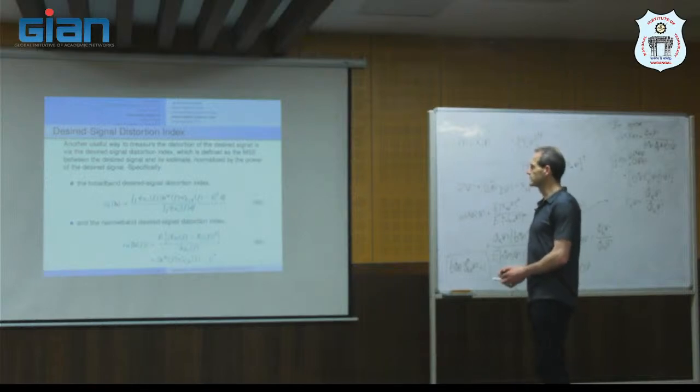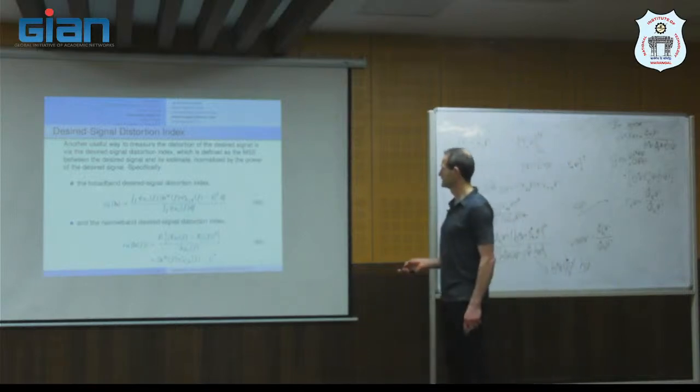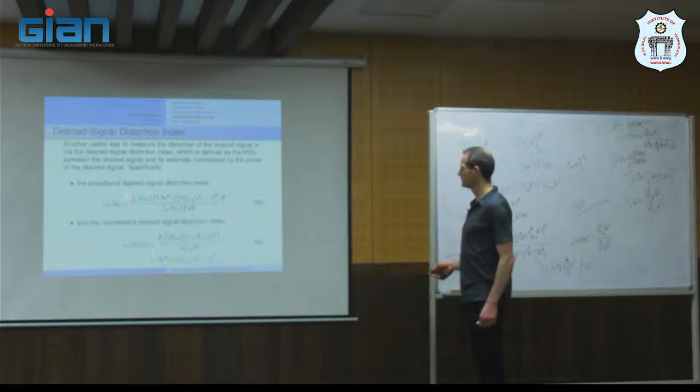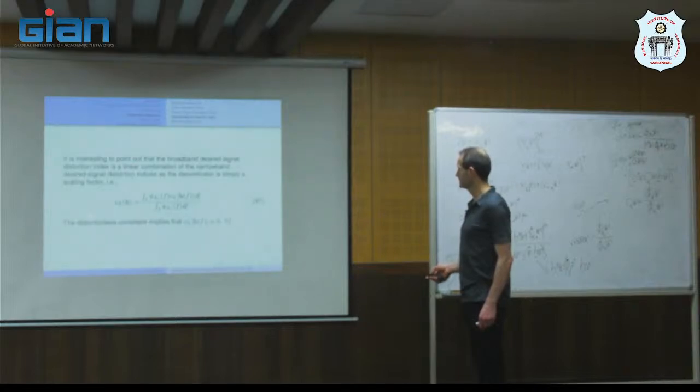If we compute the broadband desired signal distortion index, we have the integral of the error; we sum the error over all frequencies. And also here we have the integral in the denominator. And actually you see that this is a number, so we get that the distortion index is the integral of the narrowband distortion index.